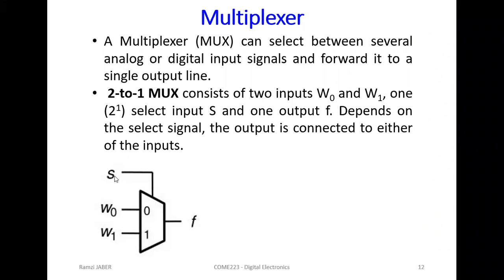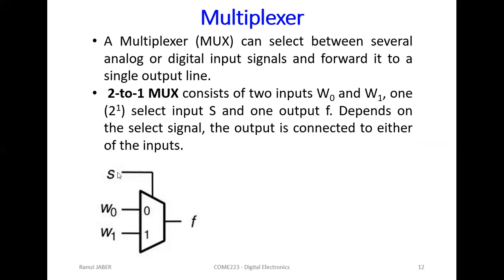So here we have selection. This is called the multiplexer. It is multi-selection, to transfer many signals to one output signal.